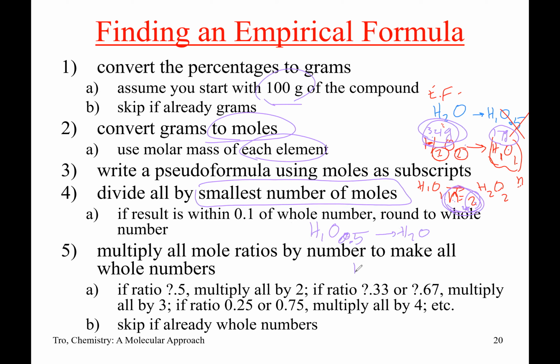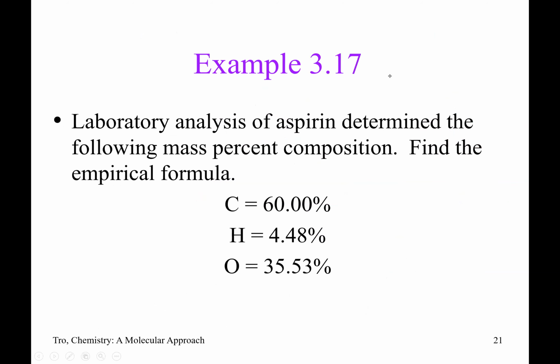But if you have, let's say, A1 and then B is 0.33, you multiply both numbers by 3 in order to go to whole number. So it's going to be A3B1. You just have to see what the ratio is, and then you work with those numbers in order to go to a whole number ratio.